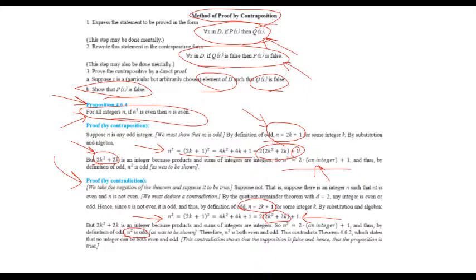However, we said that n squared is even, right? It's impossible that n squared is both even and odd, because this contradicts theorem 4.6.2, which we proved earlier in this section. So we are done with the proof because we reached a contradiction. As you see, the method of proof by contraposition is very similar to the method of proof by contradiction.